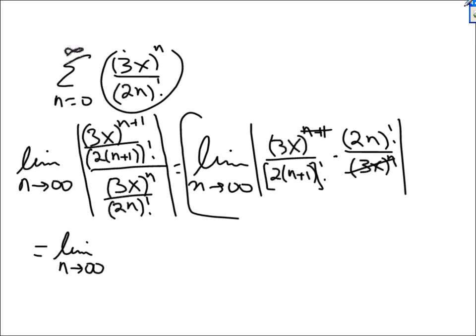This goes in here 3x times. And we talked about how this goes in here 2n plus 2 times 2n plus 1 times.